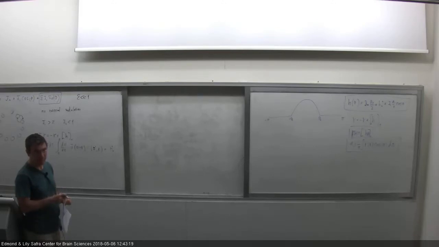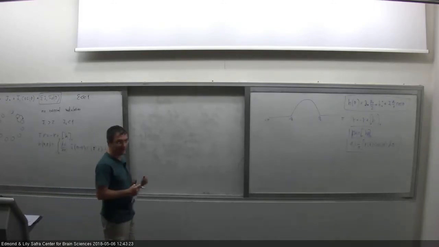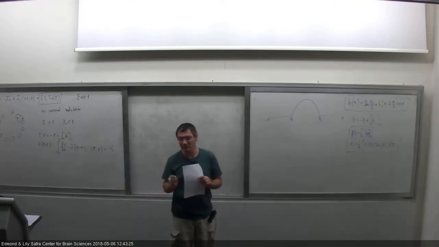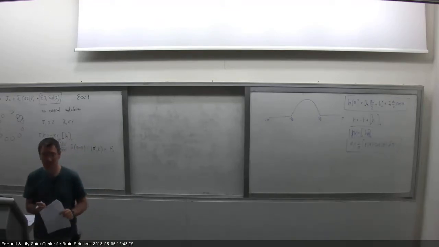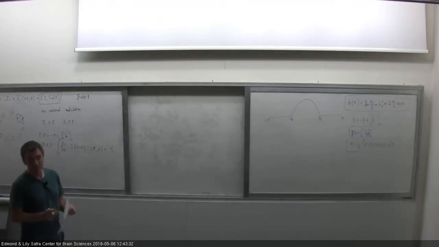Same as before, which means a bump. Okay, so let's say that we start with epsilon being equal to 0, and then suddenly we turn on epsilon. What will happen? The shape of the bump. Well, things will happen naturally.